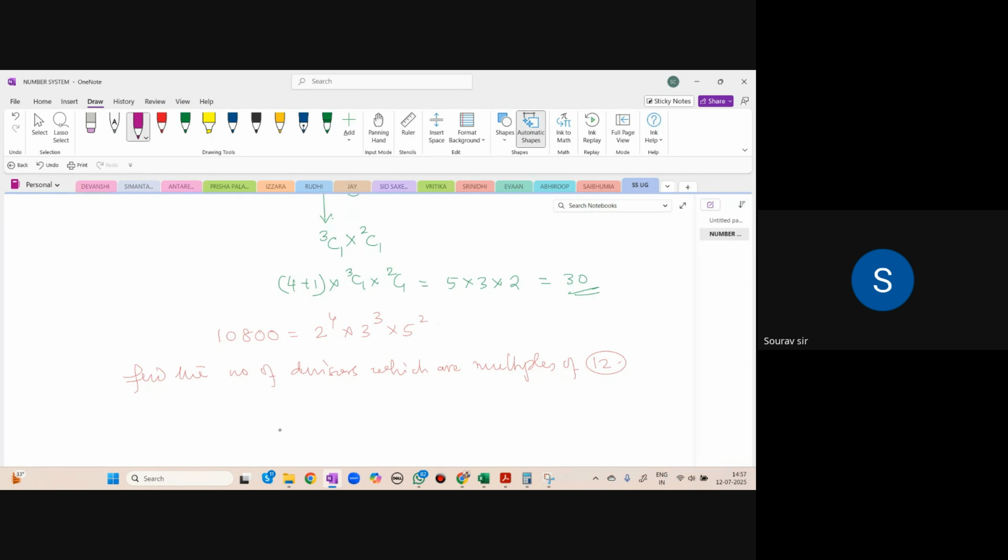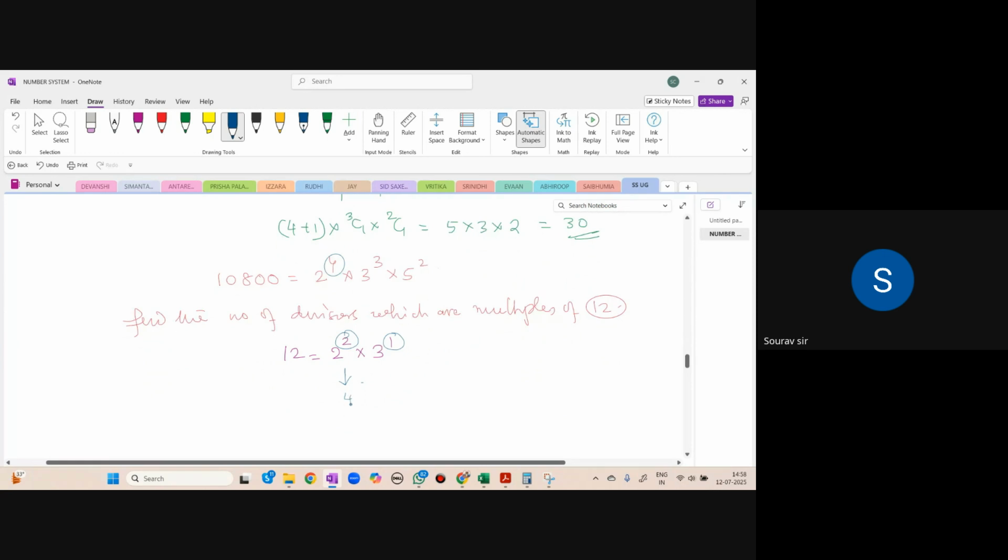So what is 12? 2 to the power 2 into 3 to the power 1. That means you need two 2s and one 3. How many 2s are there? Four 2s. So you can get this from four 2s in 4C2 ways. And you need one 3 from three 3s, so 3C1 ways.